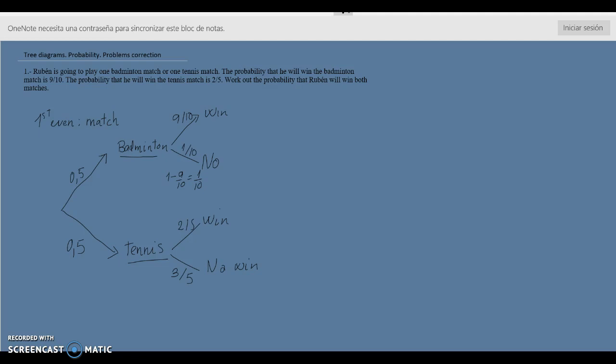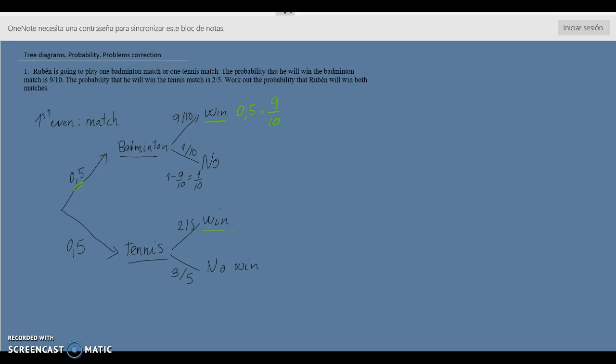To find the probability, we have to see the events where Ruben wins. So we have here and we have also here. Okay, so let's calculate these probabilities. 0.5, we start here multiplying times 9/10.